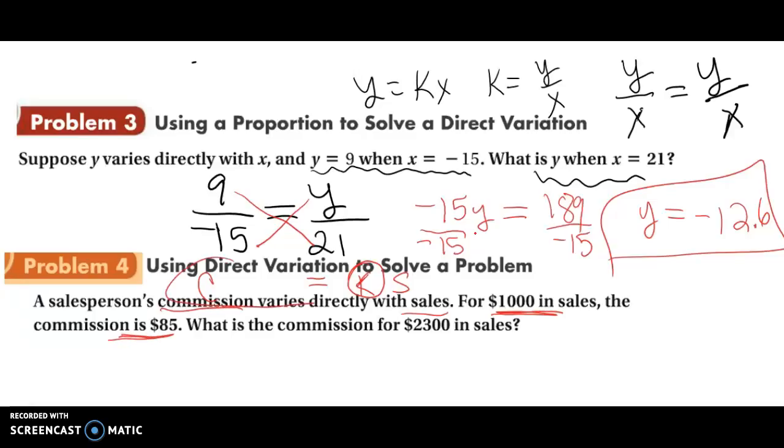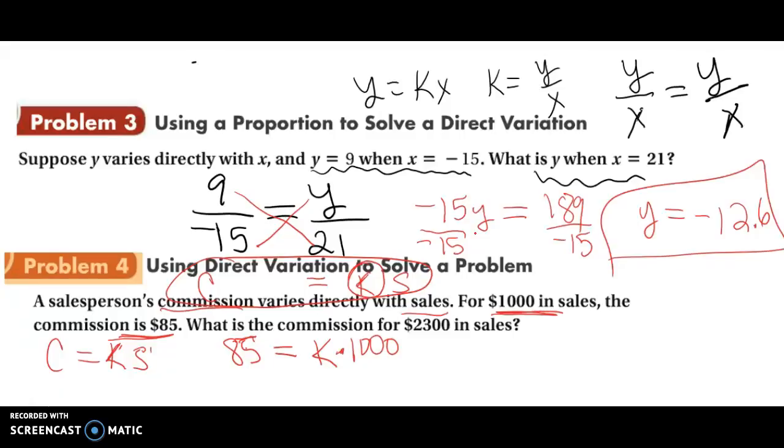So let's try and set up this direct variation equation. So the commission, again, varies directly with sales at some kind of constant rate. So if the commission is 85, I'm going to plug 85 in for the C. I'm going to need to figure out that constant rate when the sales is $1,000.